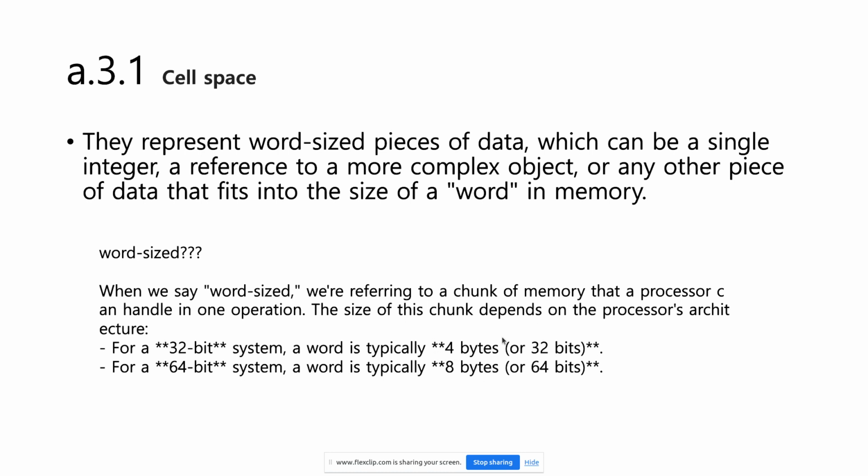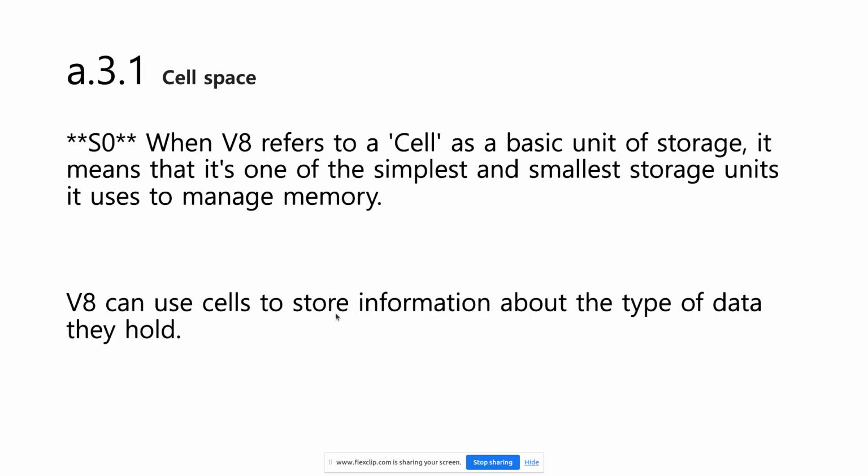On a 64-bit operating system, if we have an 8-byte object, it could possibly be stored in cell space, even if it's long-lived. V8 can also use cells to store information about the type of data they hold, like whether it's a string or not.